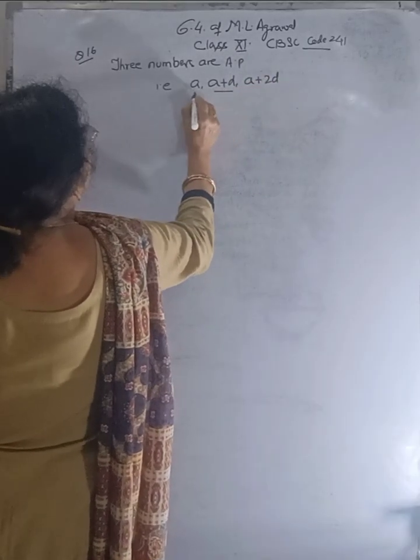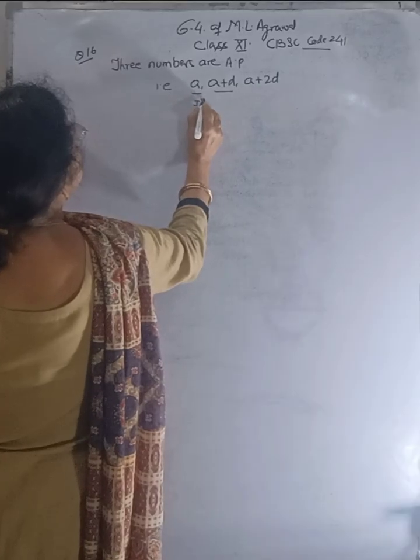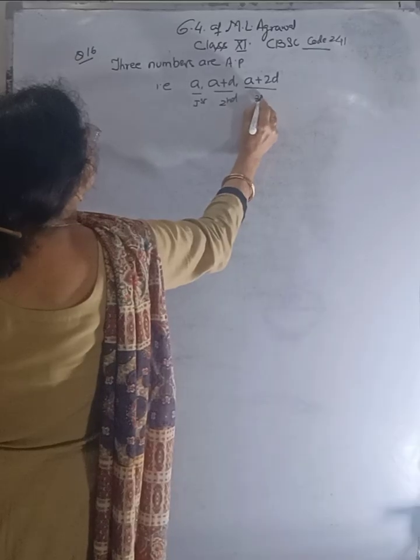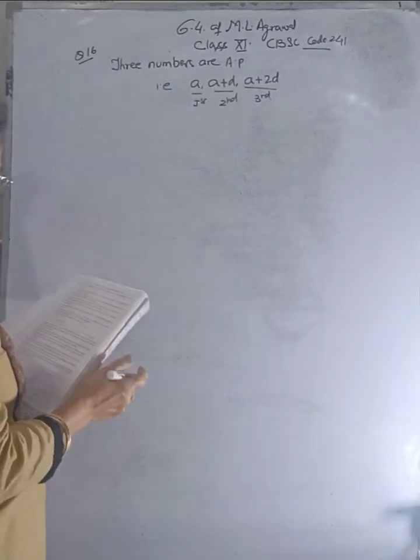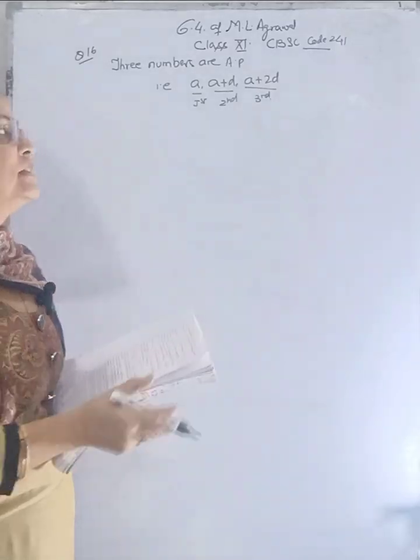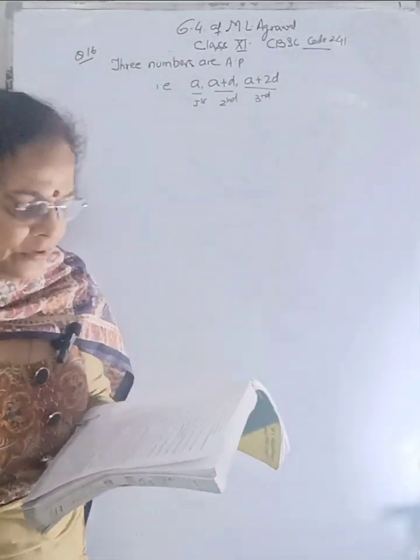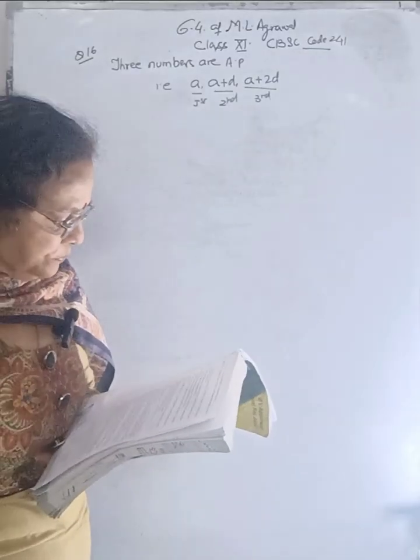These are the three numbers: first number, second number, and this is the third number. They are in AP, where A is the first number of the AP, D is the common difference for that AP series which we are given.